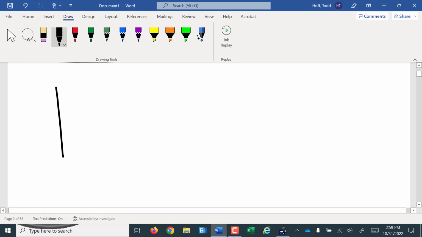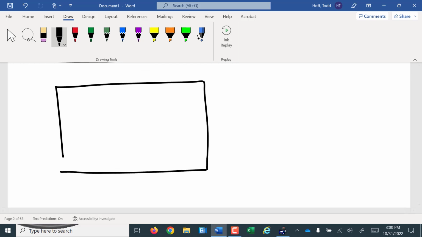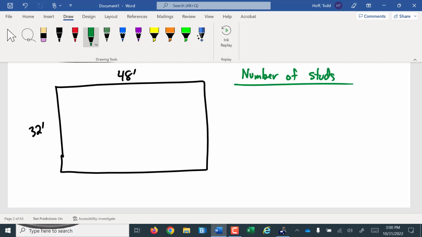So if I have a house, let's call it 32 feet by 48 feet. If I want to find the number of exterior wall studs, I have two different calculations.